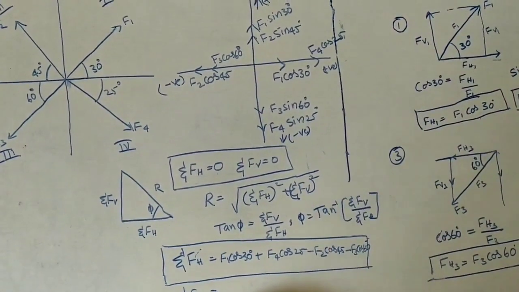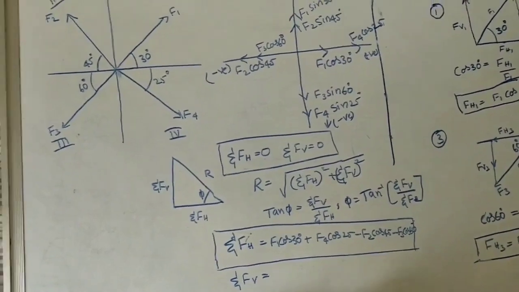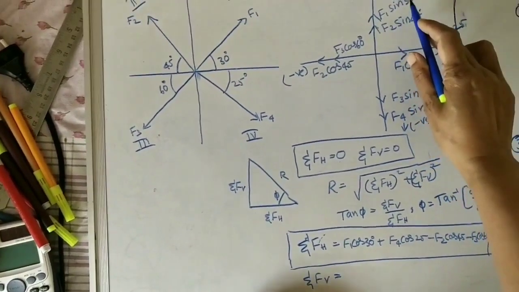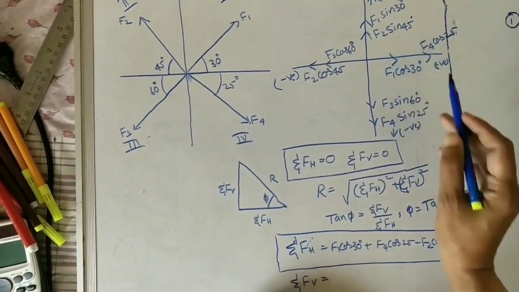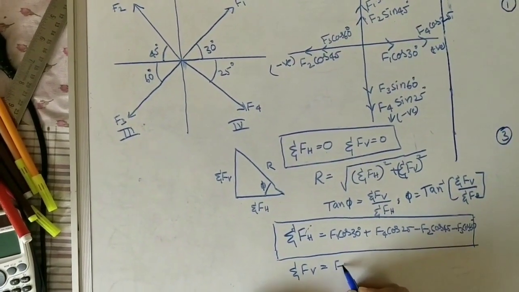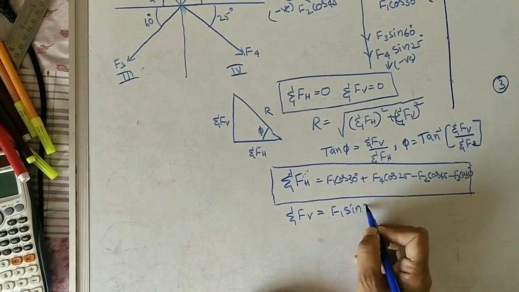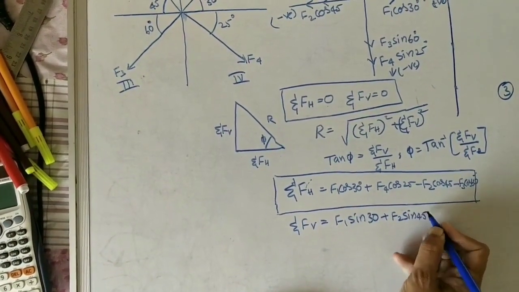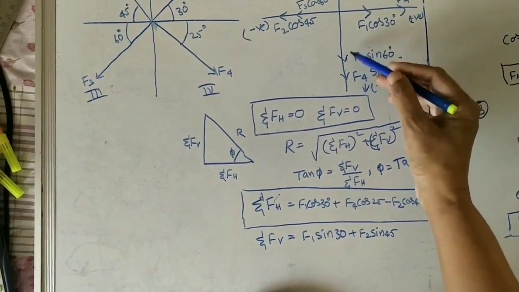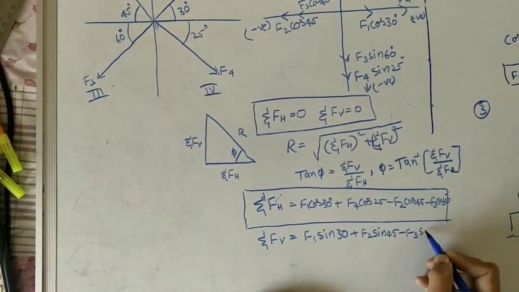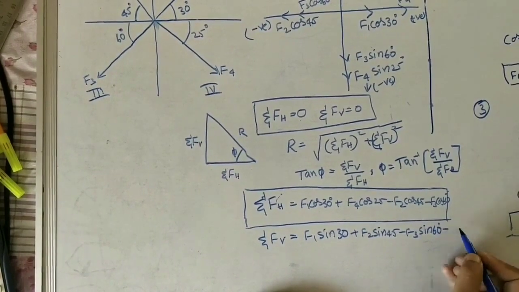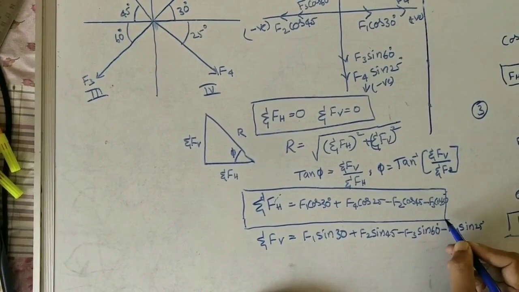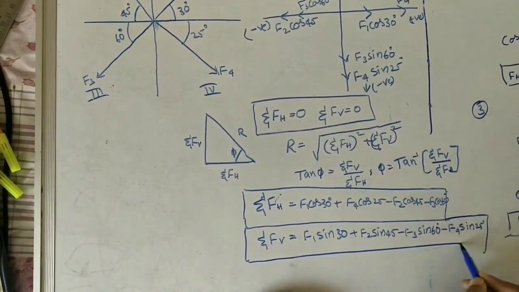So sigma Fv equals F1 sin 30 plus F2 sin 45, and the downward forces minus, minus F3 sin 60 minus F4 sin 25. This is the vertical component.